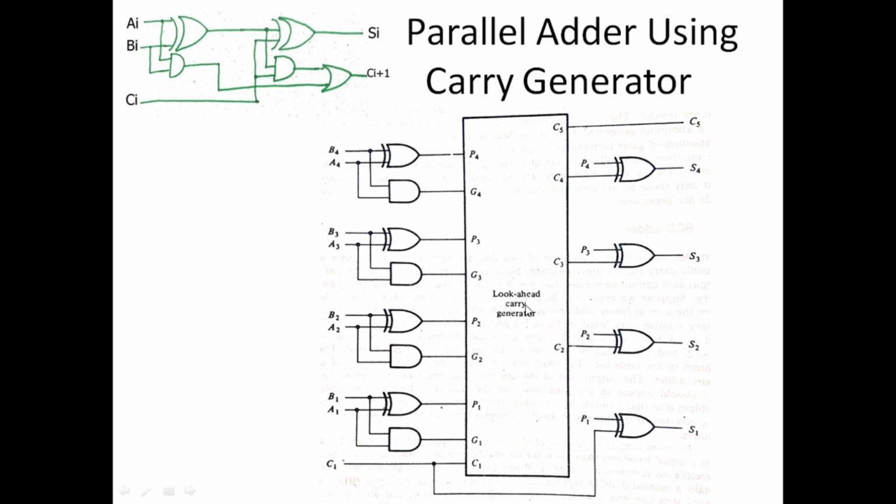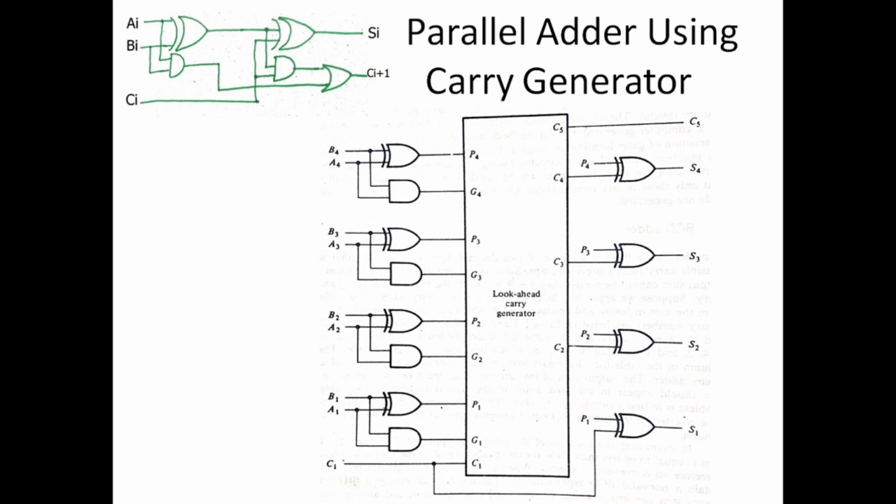The benefit of this carry generator is that the carries are not dependent on each other. When the 4 bits of number A, A1, A2, A3 and A4, and the 4 bits of the other number, B1, B2, B3 and B4, are available, the sums are calculated immediately, and the sum bits are not waiting for the internal carry.